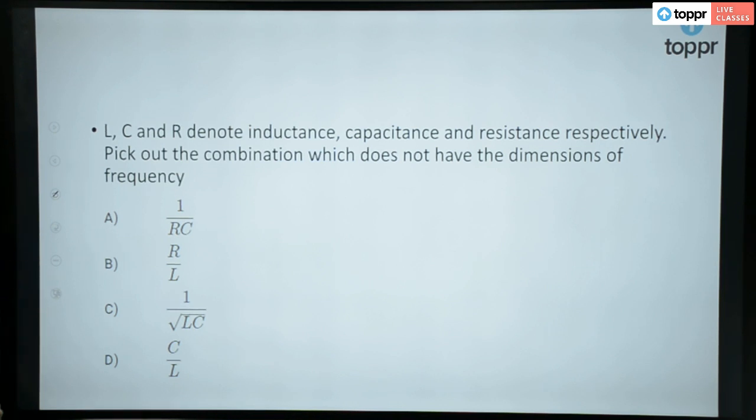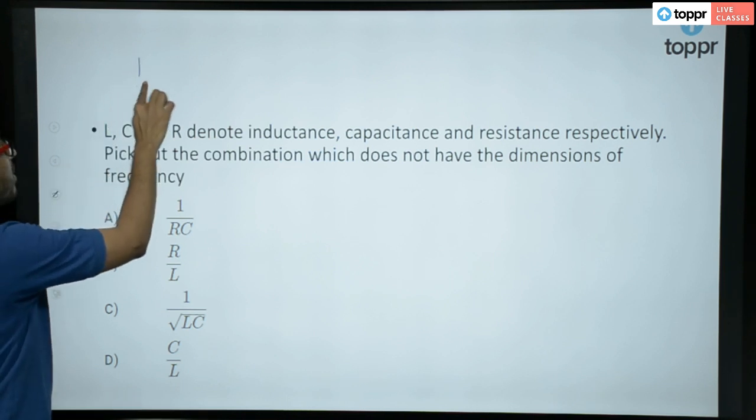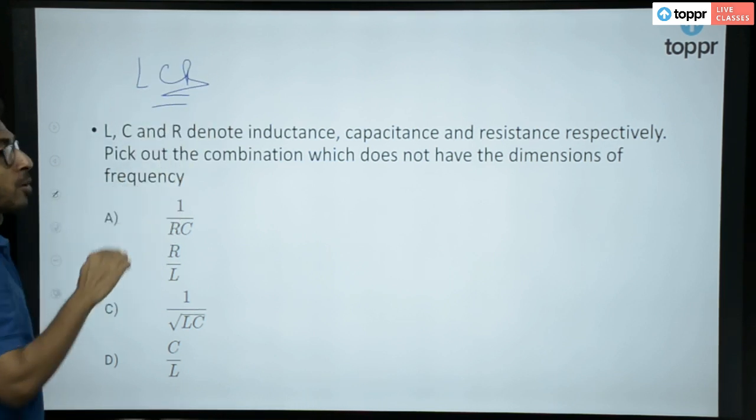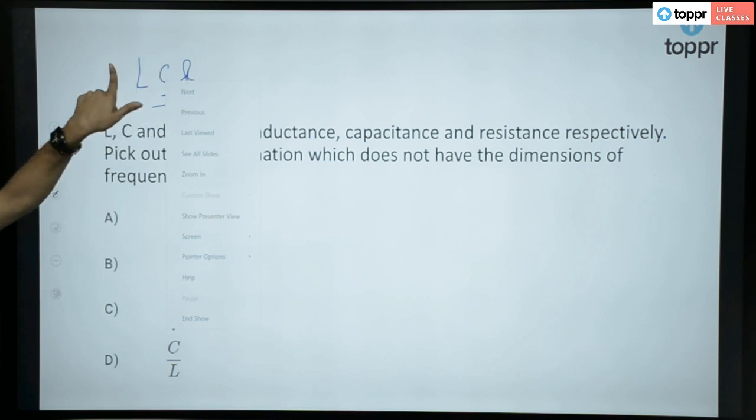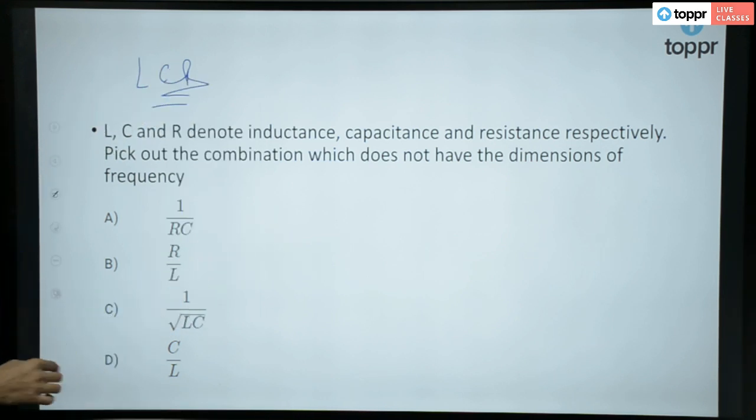Okay, this is a very interesting question. L, C and R denote inductance, capacitance and resistance respectively. Pick out the combination which does not have the dimensions of frequency. If you remember, the LCR combination of circuit can be LC combination, CR combination or RL combination.